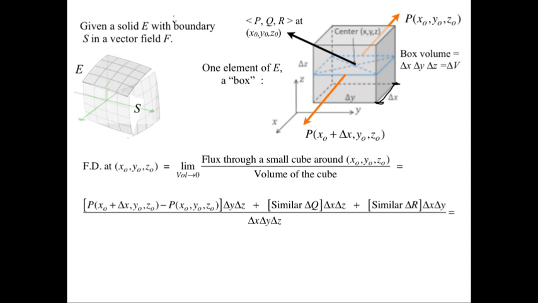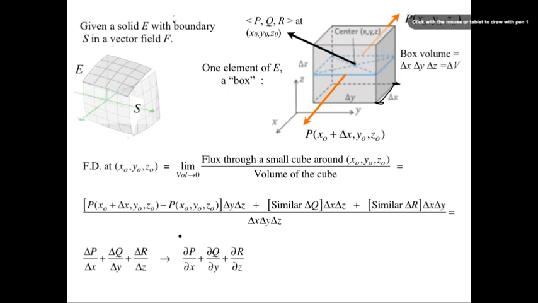And as things get small, that's our partial derivatives. So we can say this is as delta V goes to 0. And that's divergence, right? That's divergence. So that's kind of a conceptual outline of the proof.